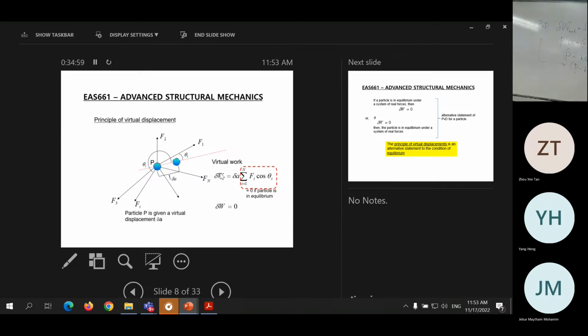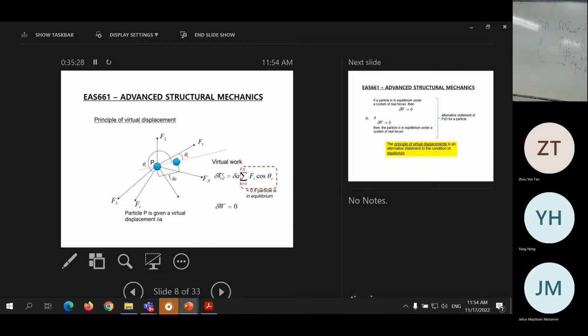But you have to consider positive or negative if they are in different directions. For example, the work done by this force is F1 cos theta1 in this direction multiplied by this. They are in the same direction, so that's positive. Next, if the angle here is theta 2, the work done by this is F2 cos theta 2 multiplied by this, and you do the rest for all the forces.